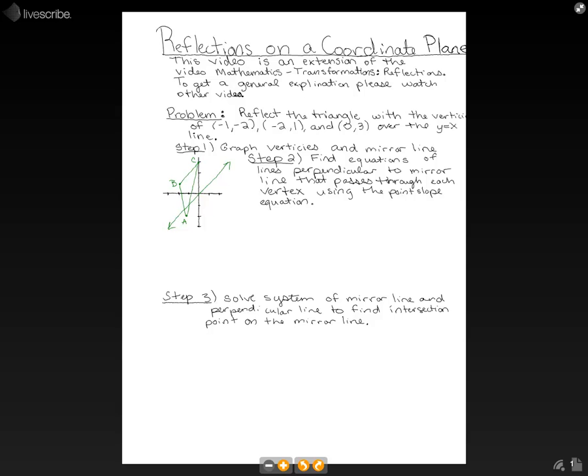First, we need to come up with how to find this perpendicular line. Well, we know our mirror line is y equals x. And we know that for perpendicular lines, our slope is a negative reciprocal.